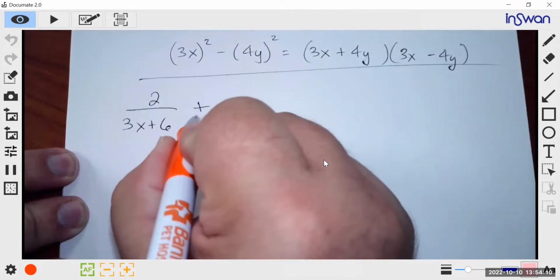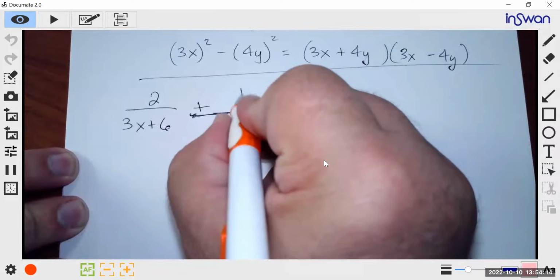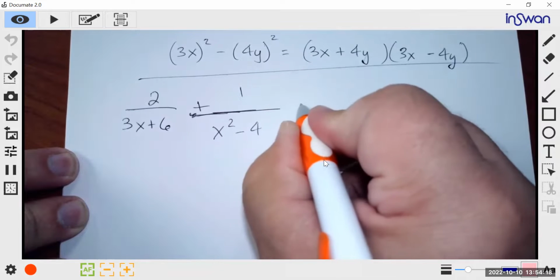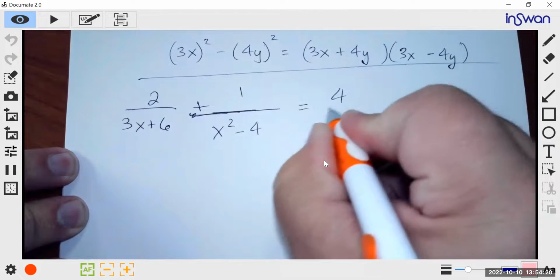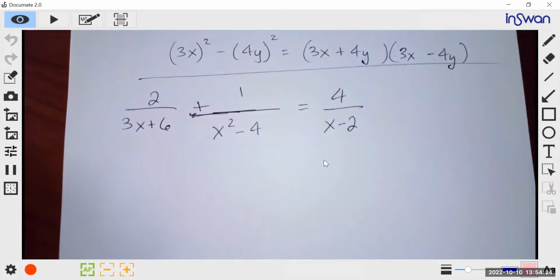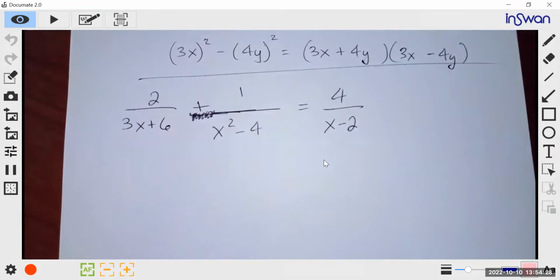2 over 3x plus 6 plus 1 over x squared minus 4 equals 4 over x minus 2. That's supposed to be deleted.